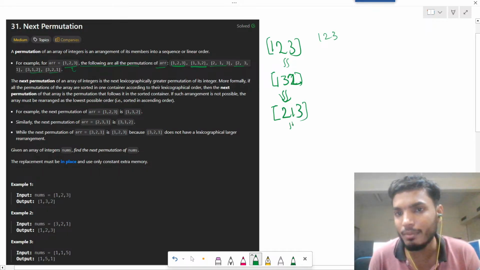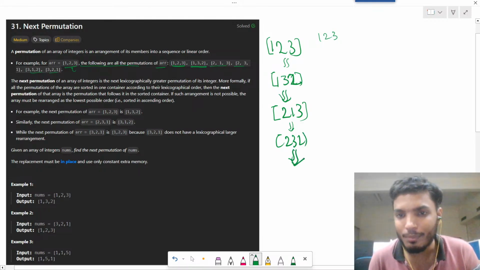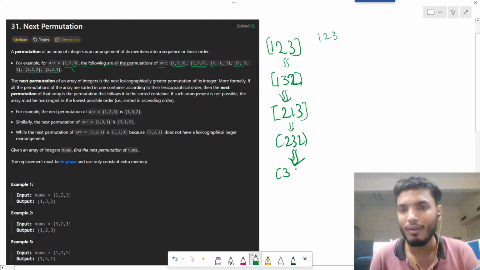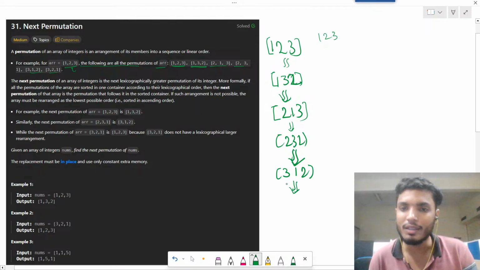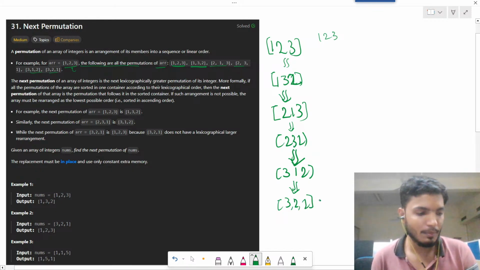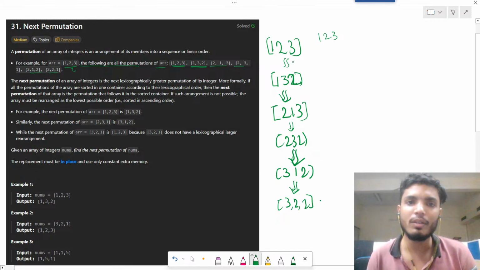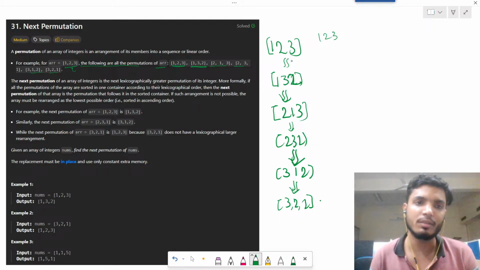What is just bigger than that? It will be 2 3 1. Then 3 1 2. And the number just bigger than this will be 3 2 1. So I hope you are able to understand the meaning of next permutation.